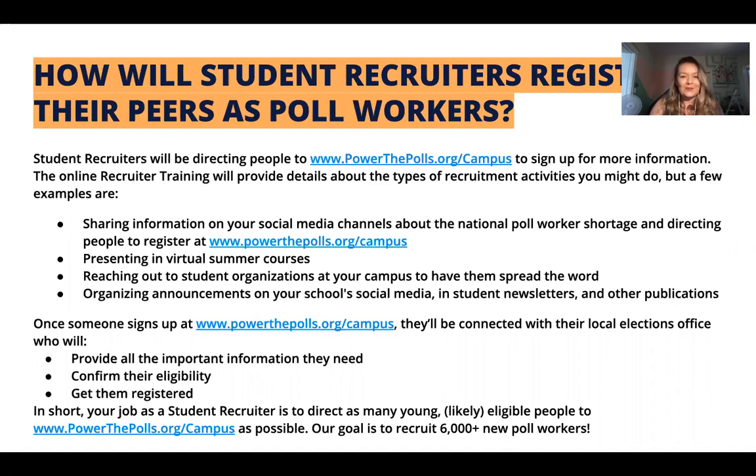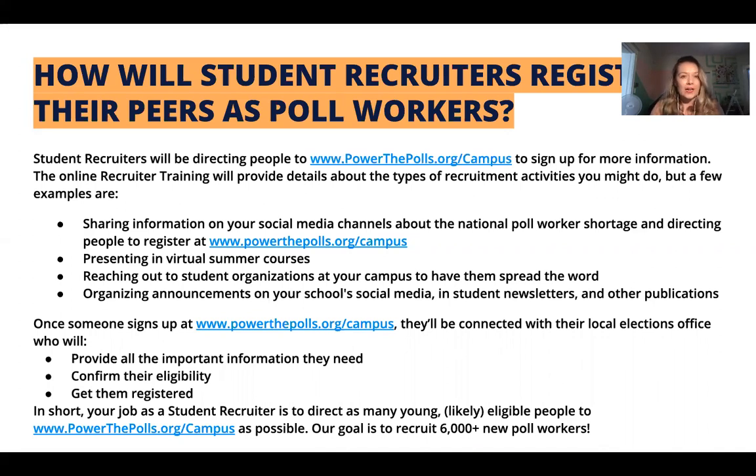So once the student recruiters register, they make their plan and they conduct their outreach, they are getting people to sign up at powerthepolls.org/campus. Once a person does that, they will then be connected with their local elections office, who will provide all of the important information that they need to know about becoming a poll worker, confirm their eligibility, which varies state to state in what's required, and get them officially registered.